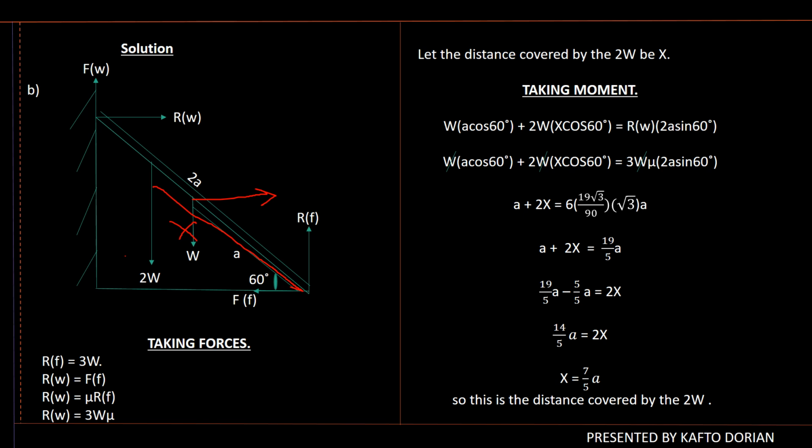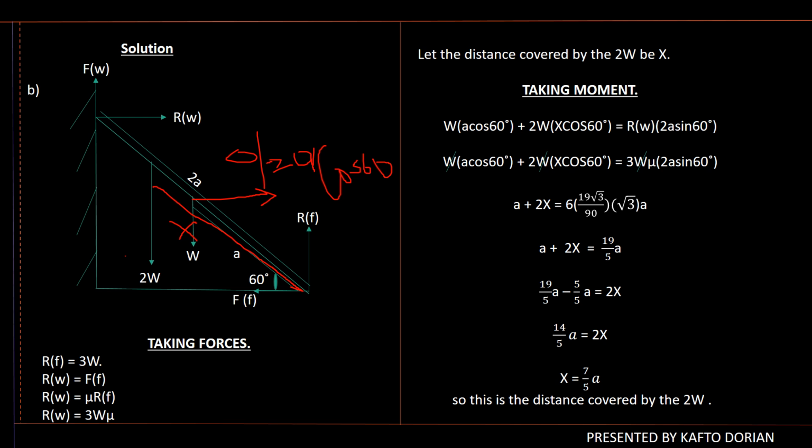So the distance first of all between the ladder and the ground, focusing on the weight of the ladder, is what? G first of all equals A times the trigonometric function cos 60 degrees acting at this angle, plus now the distance.